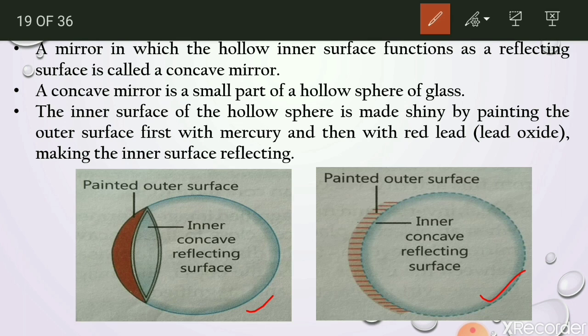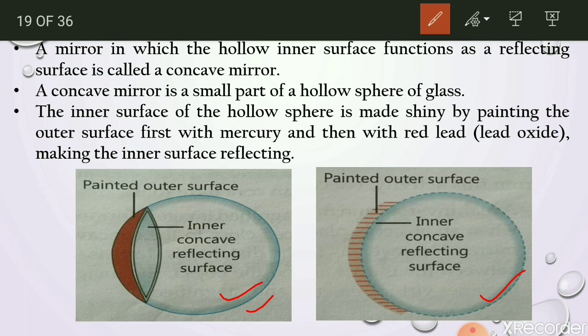We all know that these two mirrors, concave mirror and convex mirror, are small parts of the hollow sphere of glass, means they are part of spherical mirrors. So in a concave mirror, the inner surface of the hollow sphere is made shiny by painting the outer surface first with mercury.